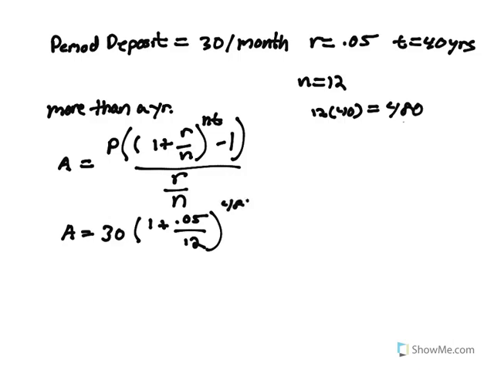So we're going to plug 480 here as the exponent, and we're going to divide that by the rate, divided by 12, because n is 12.